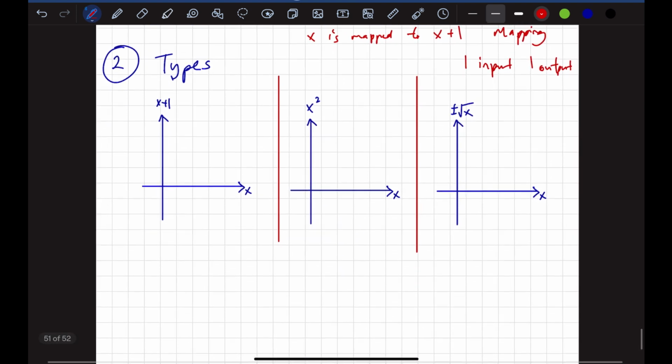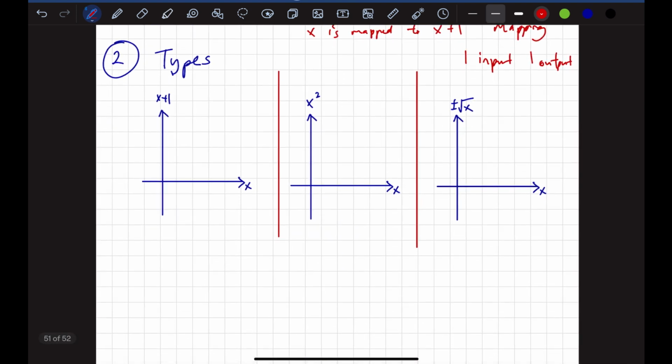All right, so I have here 3 types of mapping that will be done. All right, and I'll show you these 3 different types, and I'll explain to you what's going on. First one, our input is x, our output is x plus 1. It's basically what we have just done. So this is a linear line.